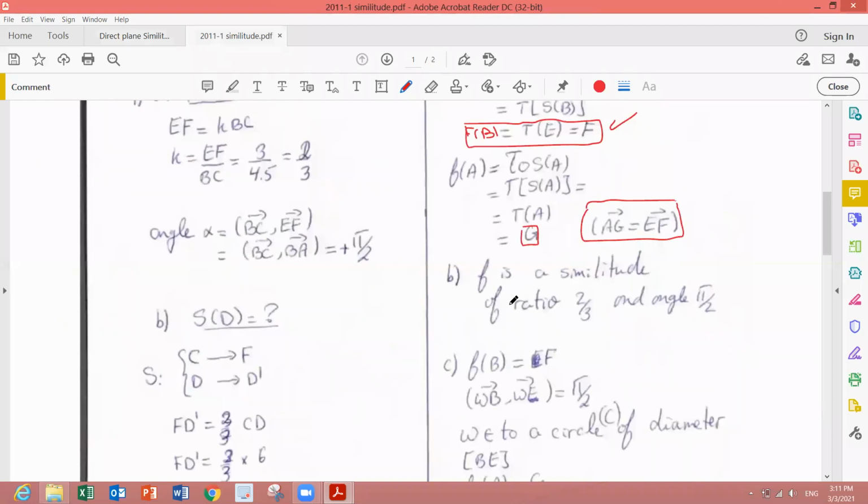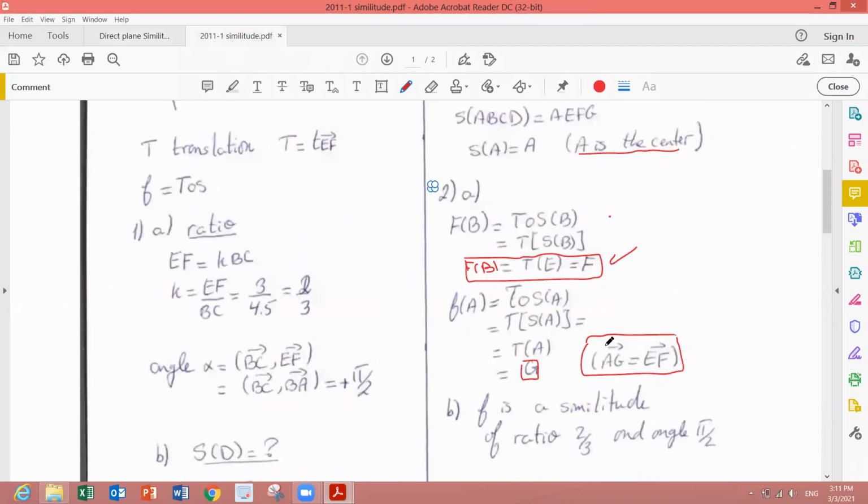So F is a similitude of ratio 2 over 3 and angle pi over 2.